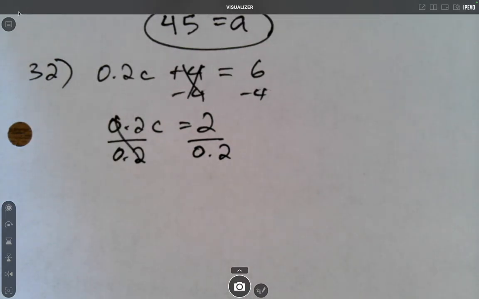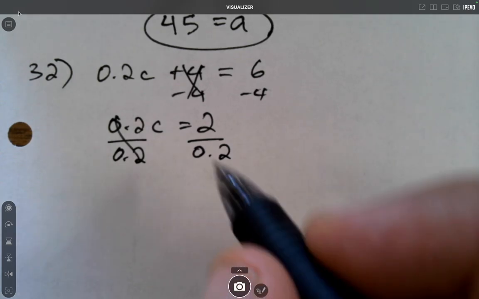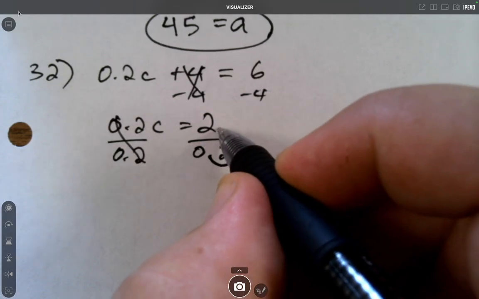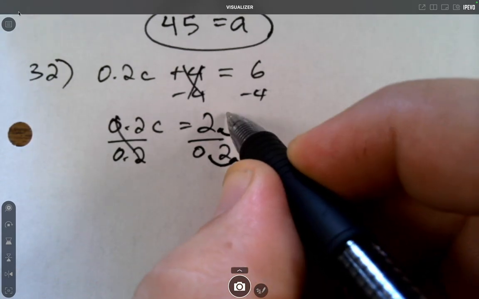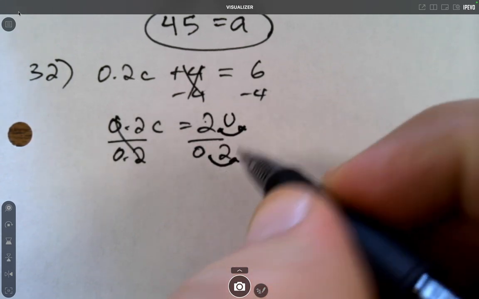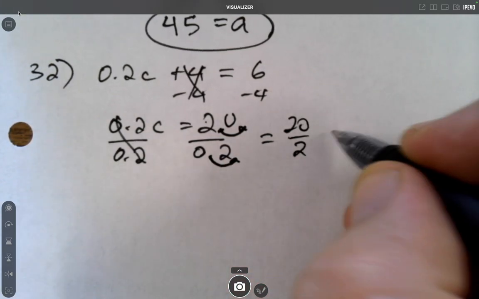Now we've talked about this before in another topic long ago, but we don't like decimals inside of fractions. So we can move this decimal over one place, but if we do it at the bottom, we have to do it to the top as well. So we turn it from 2 over 0.2 to 20 over 2, and 20 divided by 2 is equal to 10.